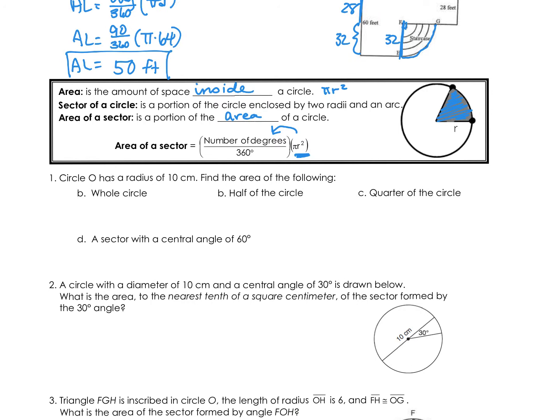So we have circle O with a radius of 10. So if you want a picture of it, it would look like this. The area of the whole circle would be A equals pi r squared, pi times 10 squared, which would be 100 pi.